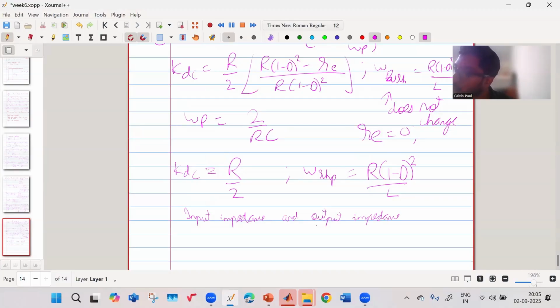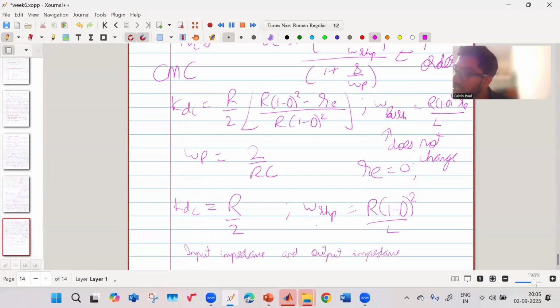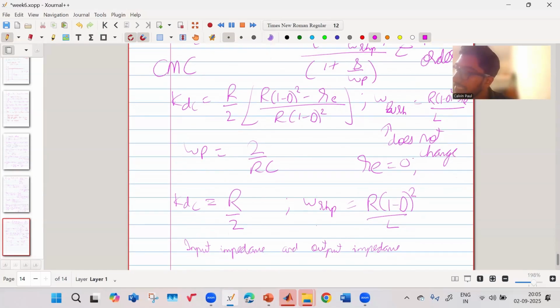Another point I'd like to bring to your notice is that for current mode control, the DC gain is R by 2. Now your R can change, right? Your load resistance can change.